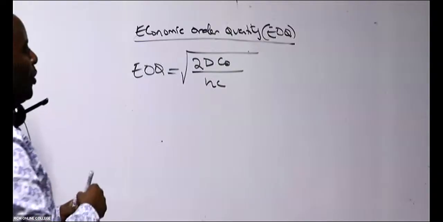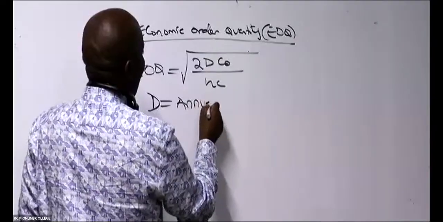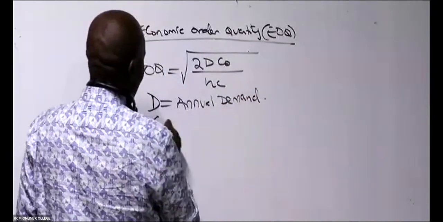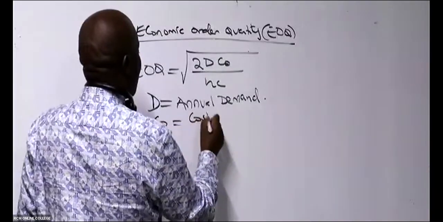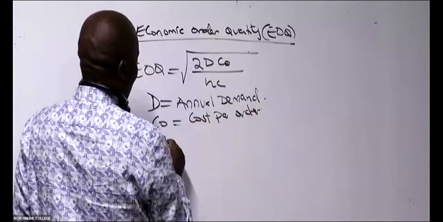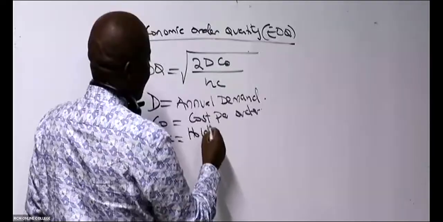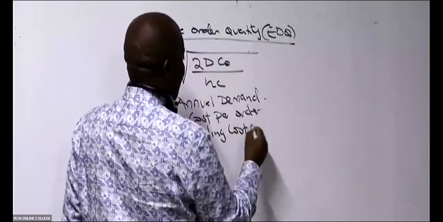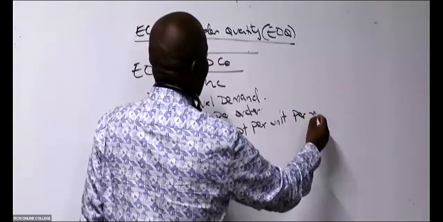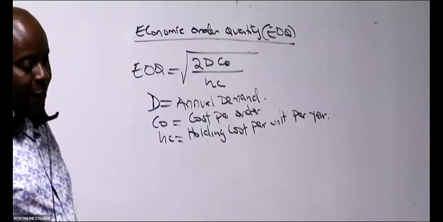So D is the annual demand. CO is cost per order. Then we have HC, the holding cost per unit per year.